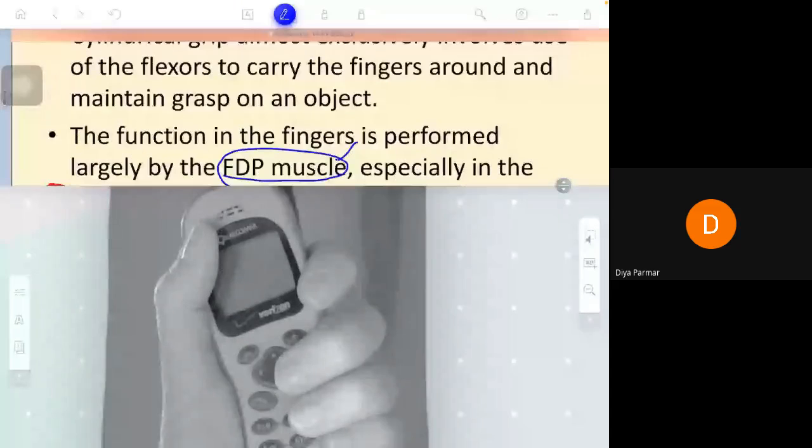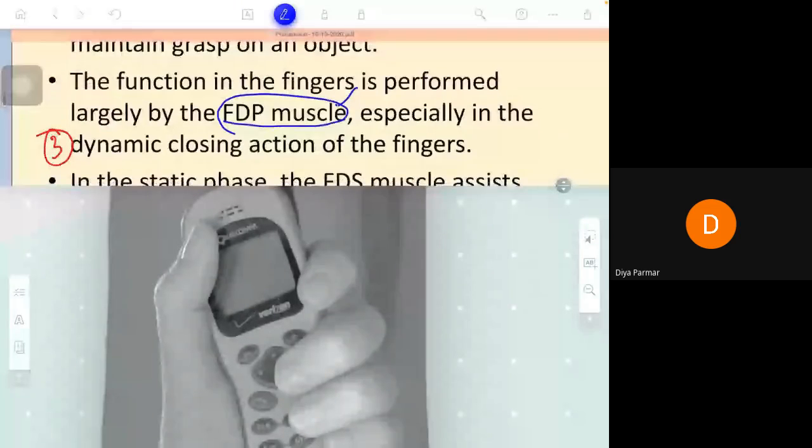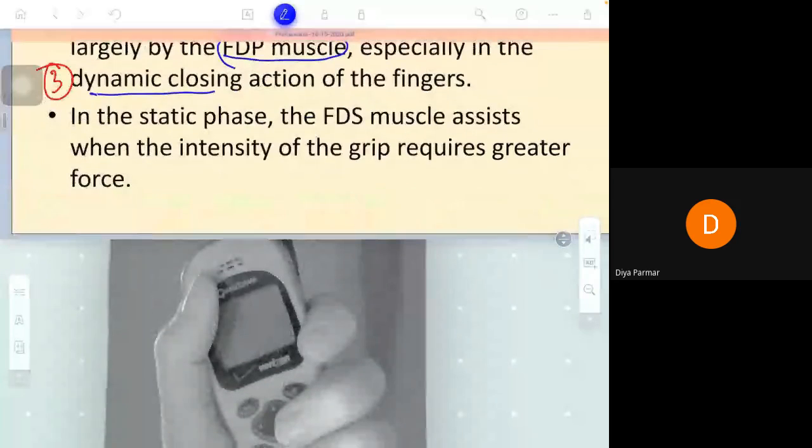FDP muscle is used, especially in which phase? Dynamic closing. Clear? In the static phase, that is the fourth phase, FDS muscle assists when the intensity of the grip requires greater force.